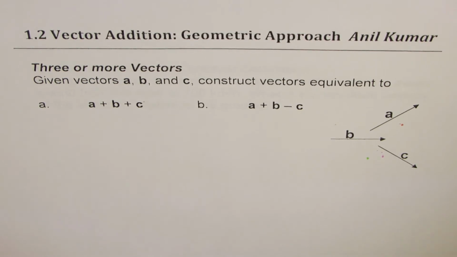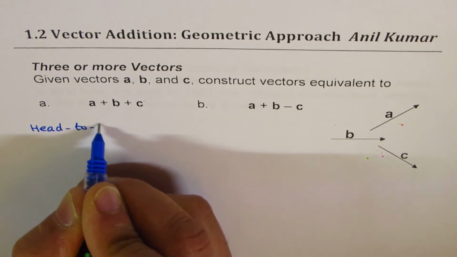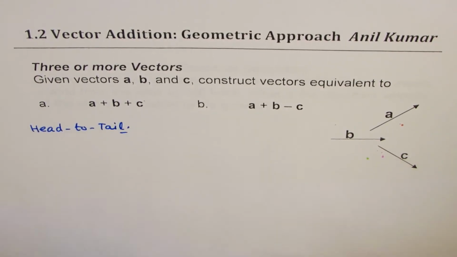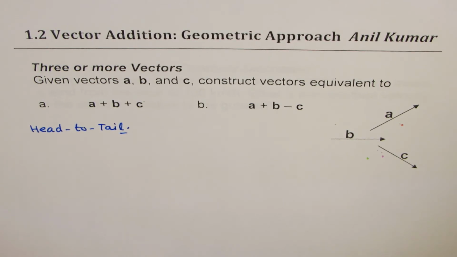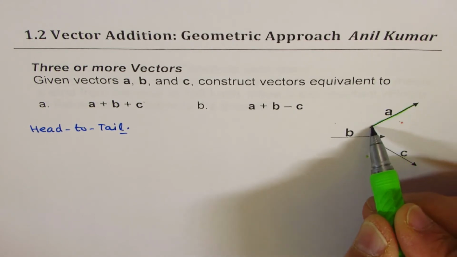If I have to form the sum of A, B and C, we will adopt the method of placing head to tail. Correct? So let's begin with vector A. Vector A is this one, right?